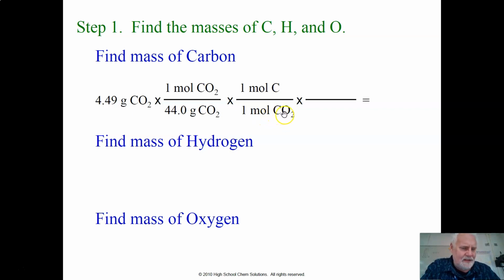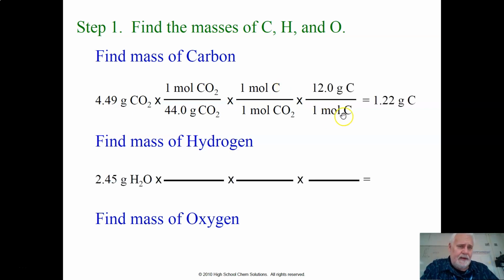If you had a dozen CO2 molecules, you would have 12 carbon atoms. So 1 mole of carbon per 1 mole of CO2. So that is yet another example of stoichiometry, and that's why I like to show you guys these combustion analysis problems. So the last step, again, 12 grams of carbon, 12.01.